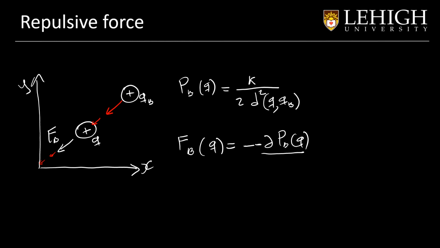Oh, here it is, minus the gradient, and the result of computing that derivative will be equal to a constant k over the cube of the distance, and we also need that force to have a direction, and the direction will be the gradient of that distance.